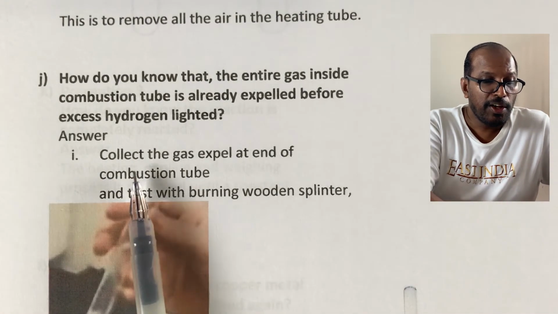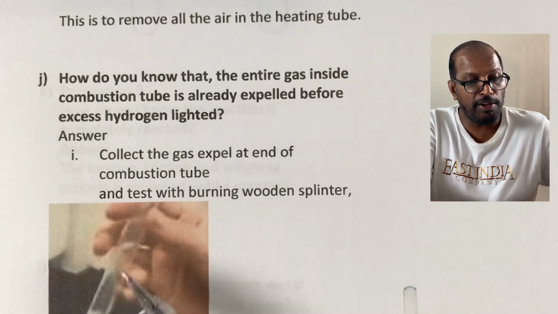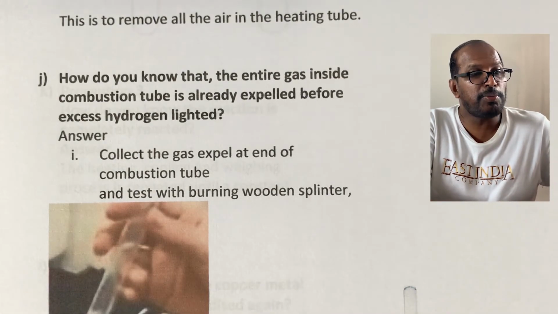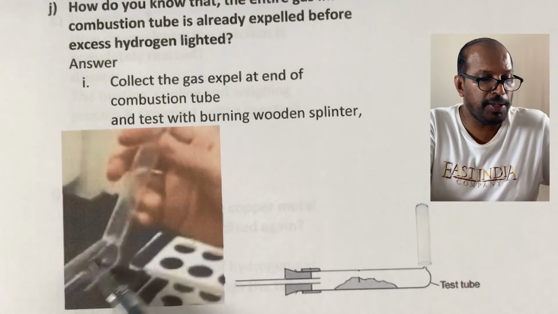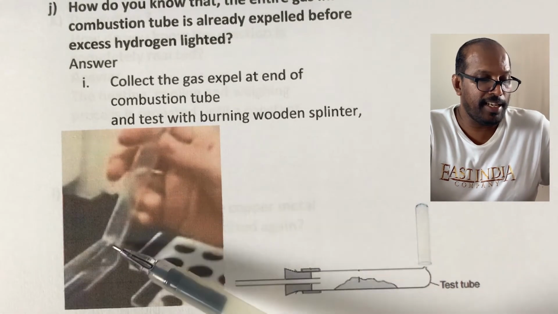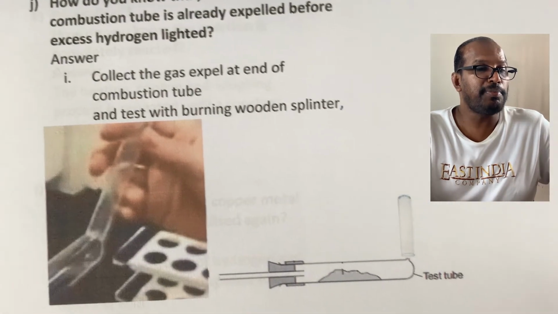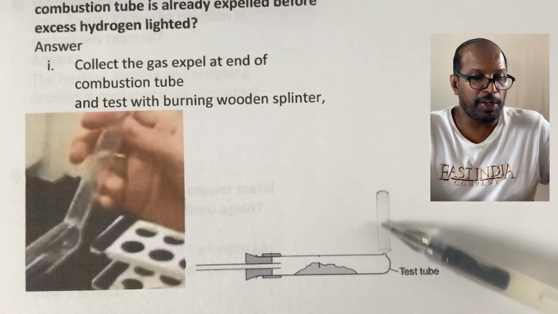The answer is, collect the gas expelled at the end of the combustion tube. Can you look at the diagram here? There's a test tube here. So what do you do? You collect at the end of the tube, there's a hole there, collect the hydrogen gas as shown in this diagram.